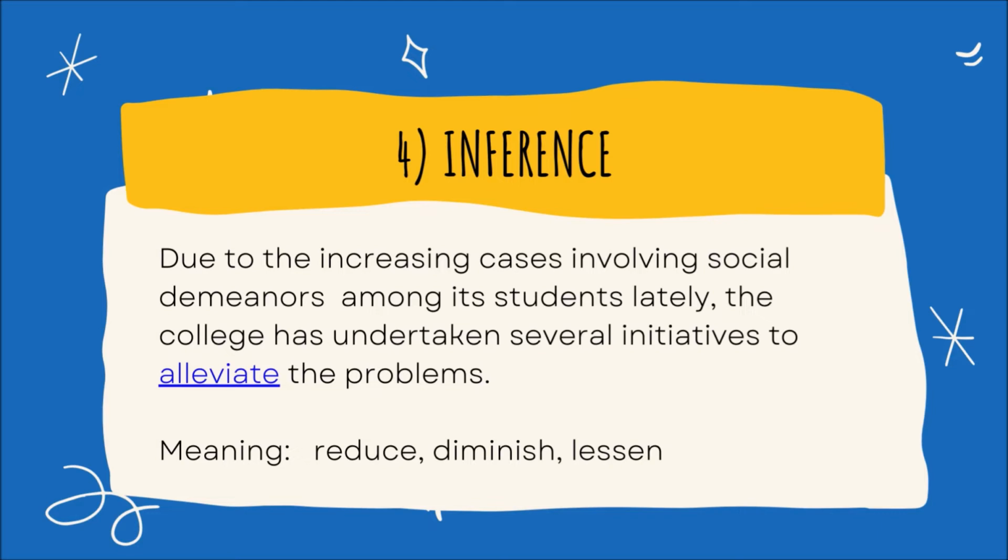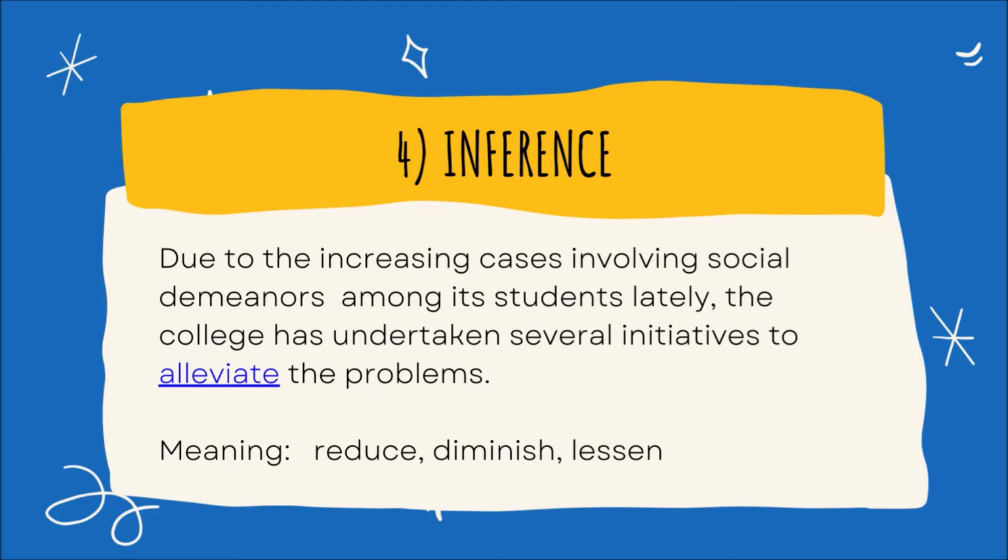In this example: due to the increasing cases involving social demeanors among its students lately, the college has undertaken several initiatives to alleviate the problems. Let's focus on what we know. We know that social demeanors is a problem, am I right? It's something which is negative.